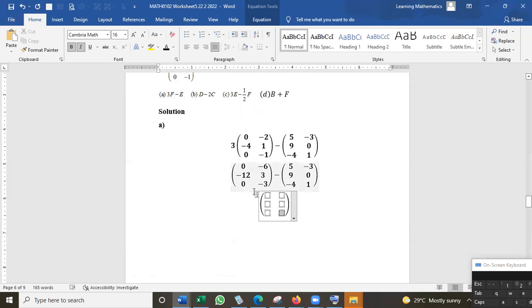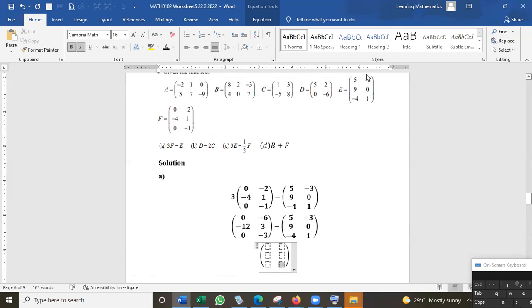Right, so I'm going to subtract corresponding elements. Those two matrices can be subtracted because they are both of the same size, but I needed to multiply F by 3 first and then subtract E. So we have 0 subtract 5. So we're going to have a -5 there. -6 subtract a -3. That's -6 plus 3. That will give you -3. -12 subtract 5. That's -17.